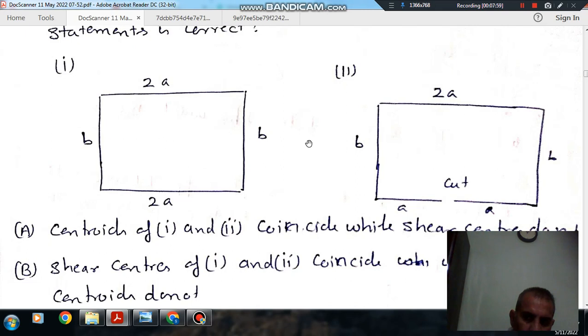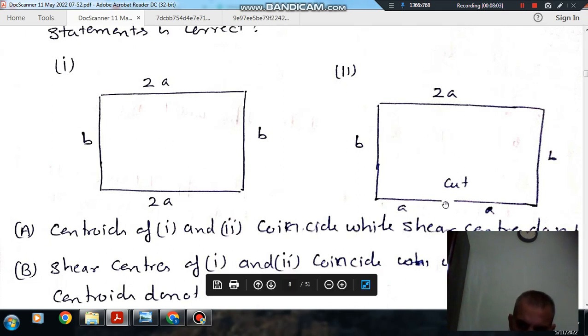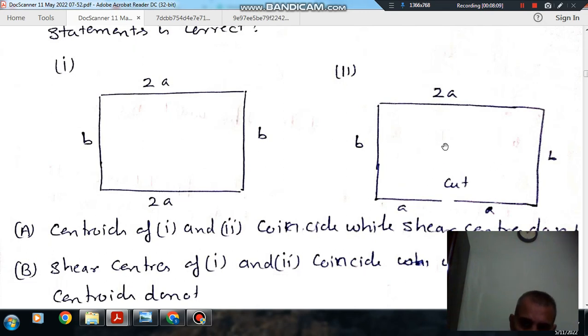Here the centroid is the same because a small cut does not change the centroid of the section, but the shear center will change. If we apply a force at the centroid of this section, it will cause a twisting moment, so we have to choose another point where we can apply force which will not cause a twisting moment.